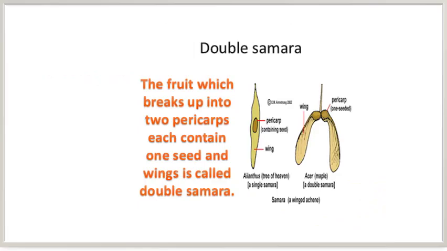So the next is double samara. In this fruit, the fruit itself breaks up into two pericarps, each containing one seed and wings. Due to this we call it double samara. It is also produced from a bicarpellary pistil.